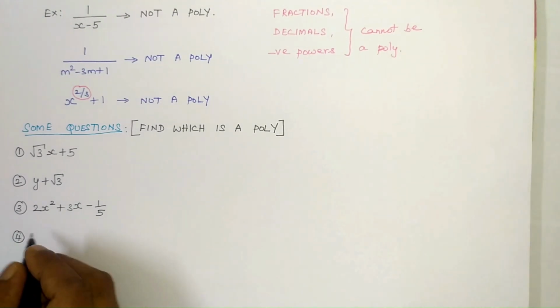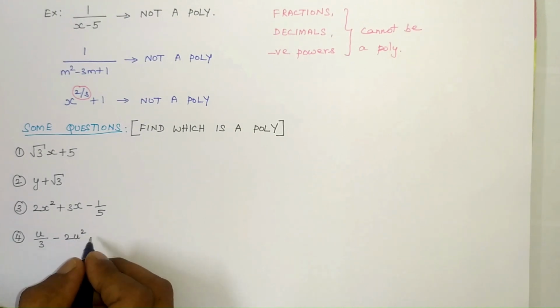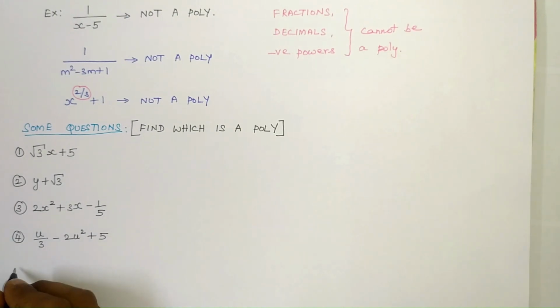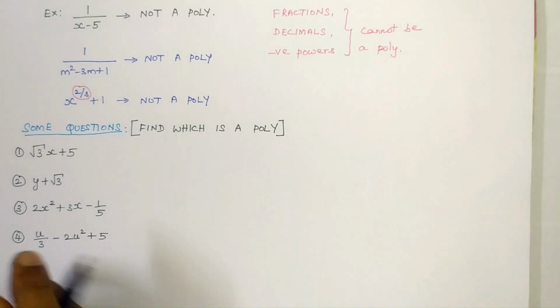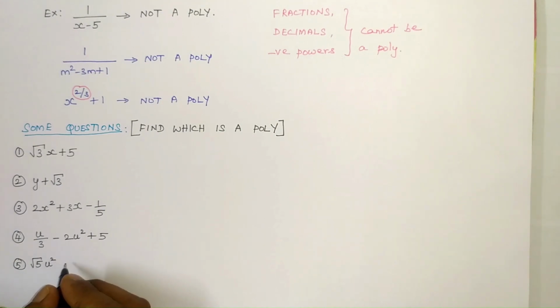Fourth one: u by 3 minus 2u square plus 5. Fifth one: square root of 5 u square minus 2 by 3 u.